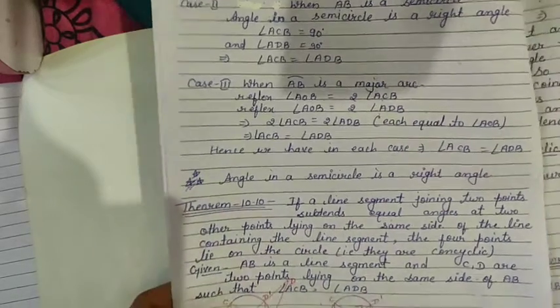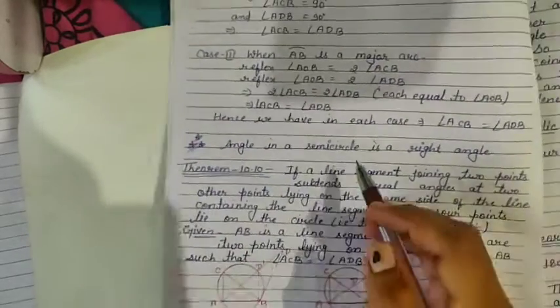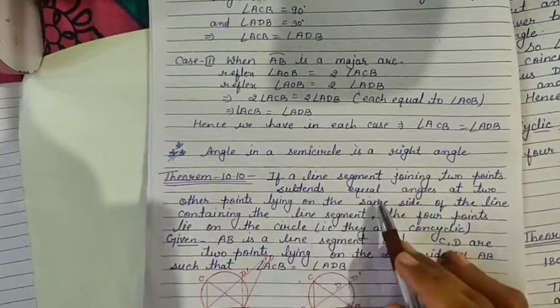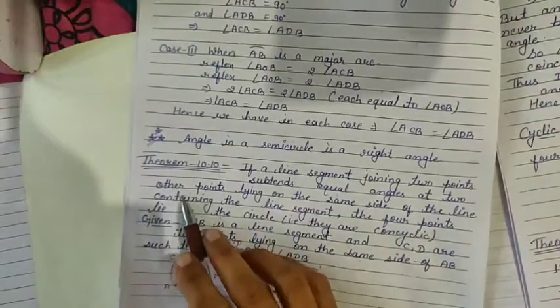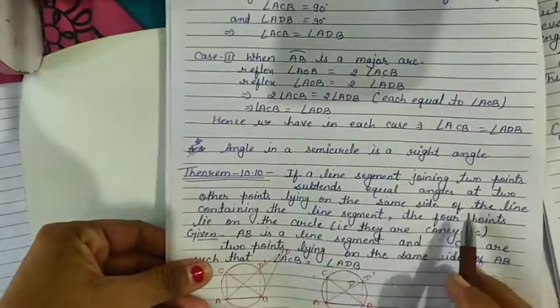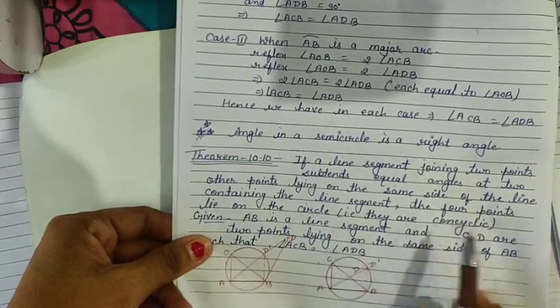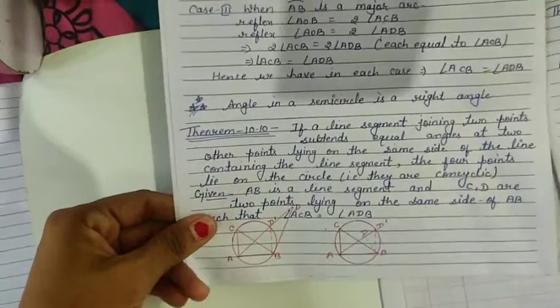Now theorem 10.10. If a line segment joining two points subtends equal angles at two other points lying on the same side of the line containing the line segment, the 4 points lie on the circle. It means they are concyclic.